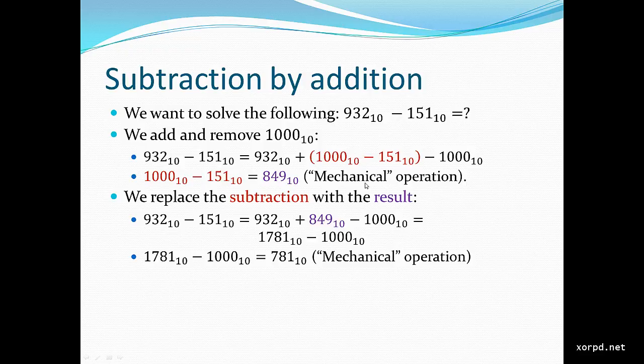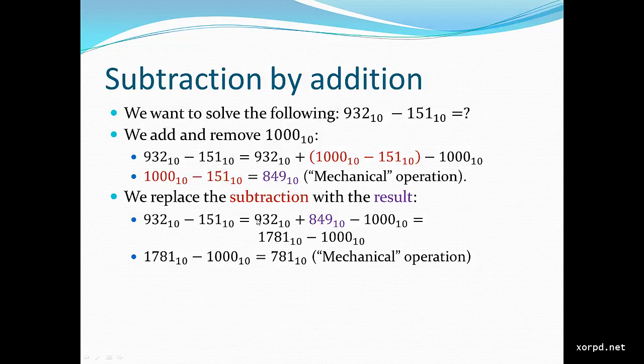The first mechanical subtraction operation is here, 1000 minus 151, which is very easy to do. And the second one is this one, 1781 minus 1000. This is also pretty easy to do. You can just look at it and know the answer.